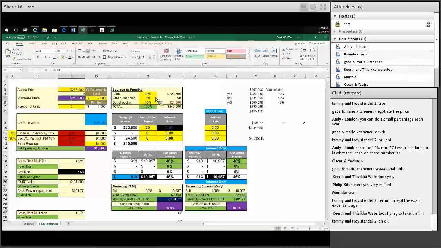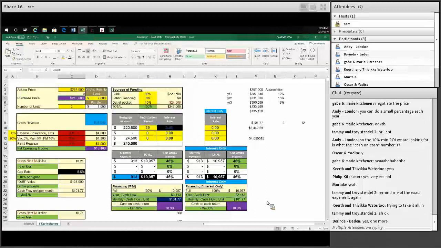Remind me the exact expense again. Trying to take it all in. I know it's a lot. So Tammy and Troy, the exact expense, I didn't have that in there. That exact expense, I assume, was some other outside expense. It could have been taxes, insurance. I don't know. I just used the number that was there. But you would only put the exact expense if you knew what they were. Otherwise, this would be 0 and this would be 20.